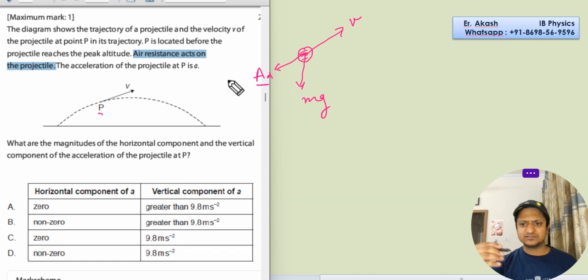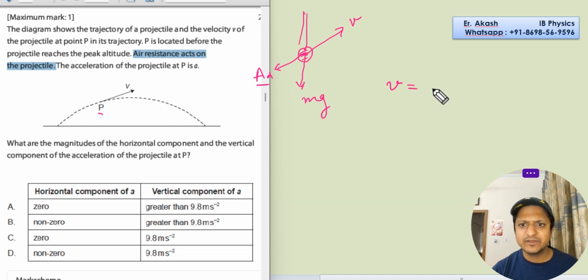Generally in questions it is given that there is no air resistance, so we don't take this AD or drag force into account, but in this question we have to take it. Then there will be the vertical component. It will be mg plus air drag, and for the horizontal component it will be AD.